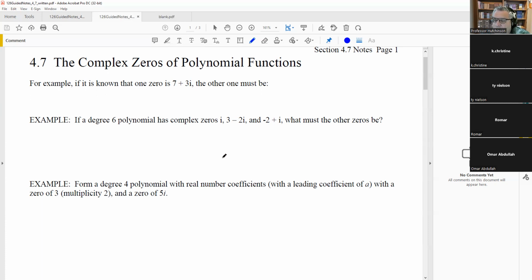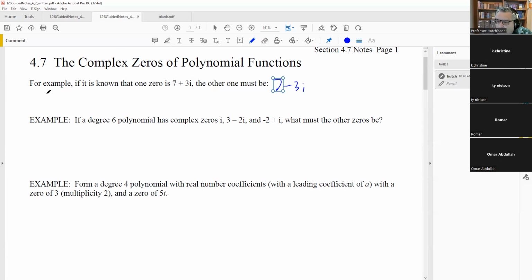Okay, so it says complex zeros. Basically this means that we're still doing something similar to what we did in the last section, except that this time some of the answers you'll get will be imaginary numbers. That's why we had to cover the imaginary number section earlier. Basically, if it is known that one zero is 7 plus 3i, the other one must be 7 minus 3i.